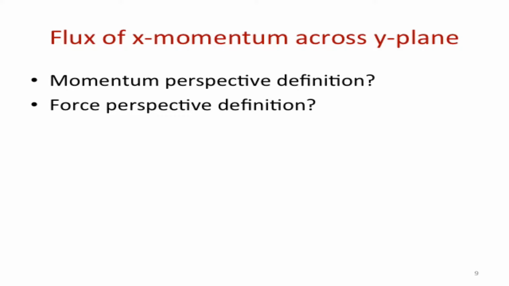We had a force perspective and a momentum perspective. And if you remember, I mentioned last time that depending on the situation, one or the other is going to be more useful. Well, in this case, I'm going to say that the momentum perspective is going to be more useful. What is the momentum perspective? How do I define tau yx, or flux of x momentum across the y plane?